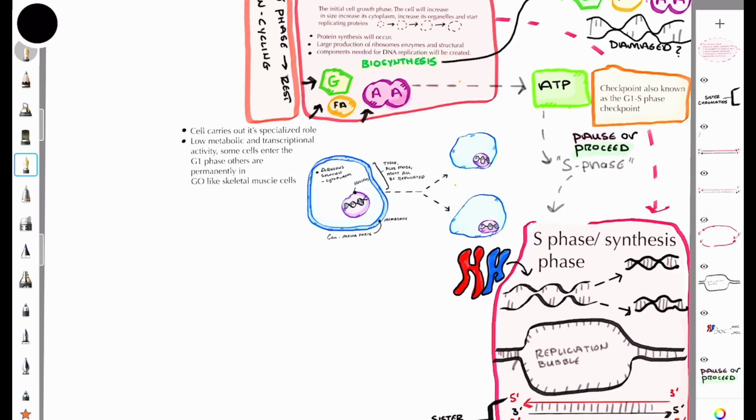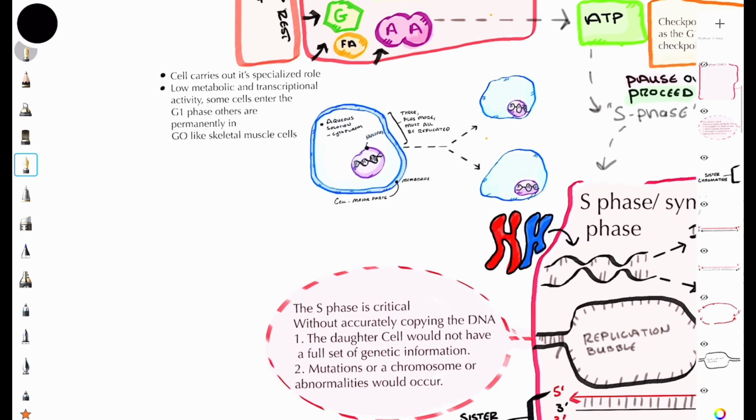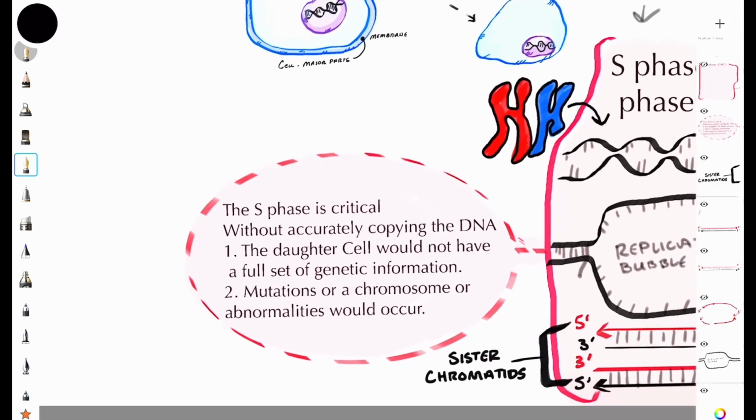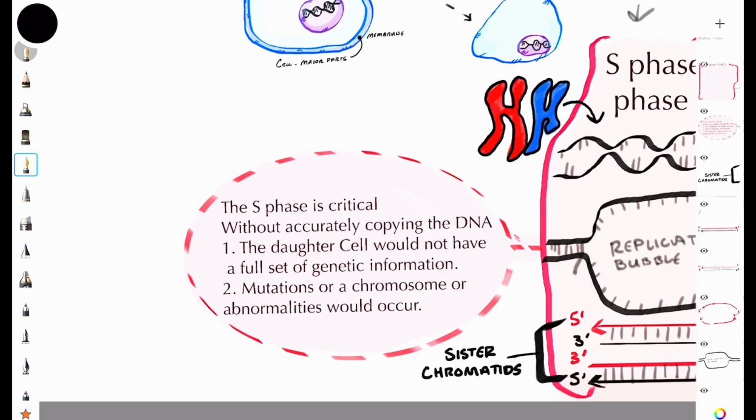All right, so what's going to happen now is we will move to this S phase. We will have a checkpoint, and we will make sure that the DNA was accurately copied. We would make sure that the daughter cells now have a full set of genetic information.